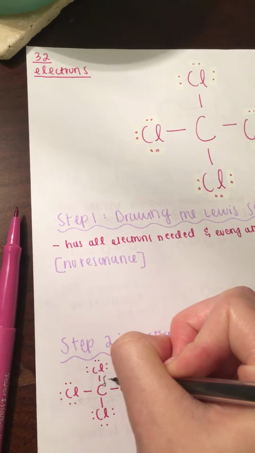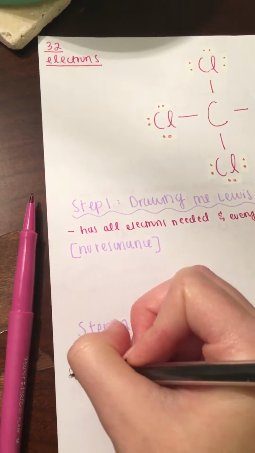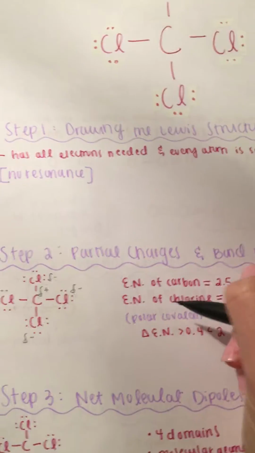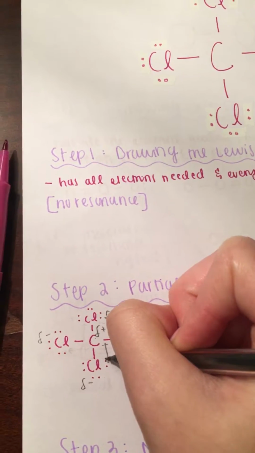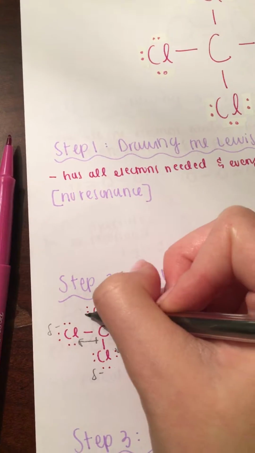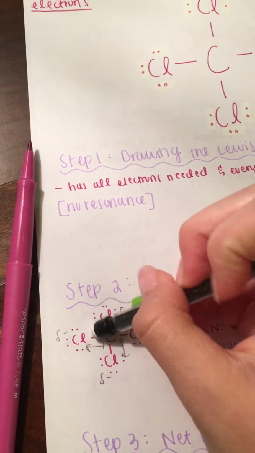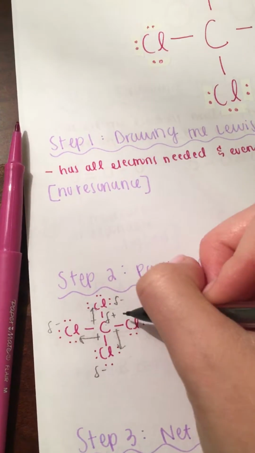Again, it's going to be positive, and partial negatives on all the chlorines because they want those electrons. Now, for the dipoles, like you learned before, positive end on the carbon, positive end going towards the chlorine. Oops, wrong. Positive end towards the carbon, going towards the chlorines.